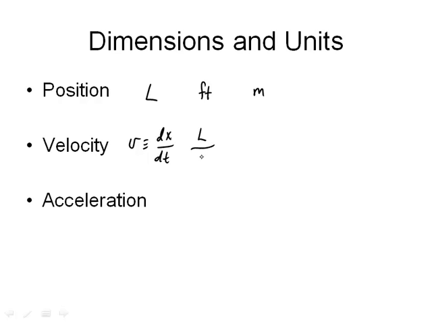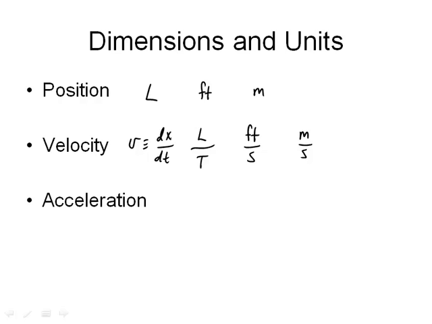A change in time is going to have dimensions of time. And so velocity is measured in length per unit time. In the English system, that would be feet per second, and in the metric system, meters per second. Of course, we could have inches per second or kilometers per hour. All of these are also units of velocity.